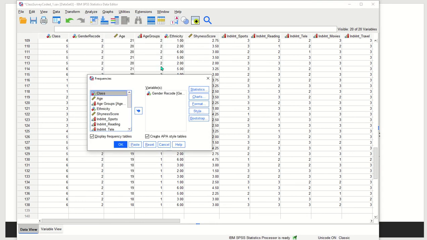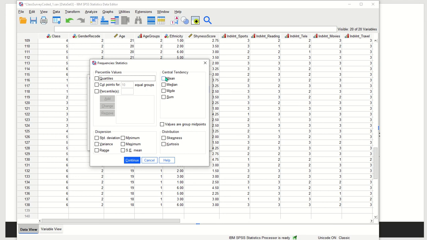So, if I did a frequency on age, and we're going to compare it to what it would look like if I put age groups, we'll see. Let's get the mean, and the minimum and the maximum and the standard deviation. Maybe we'll get the skewness and kurtosis. That's always good.